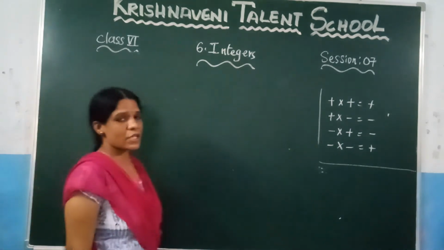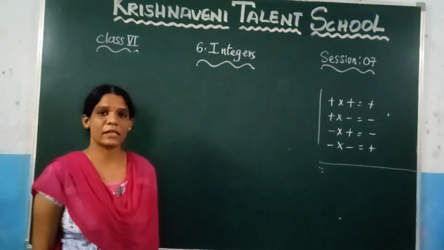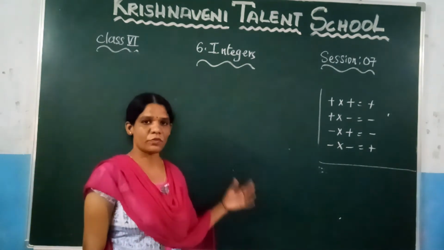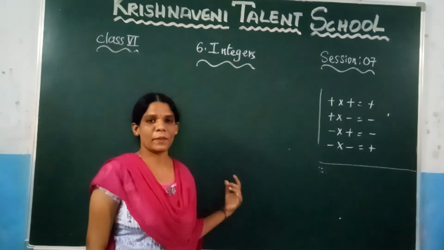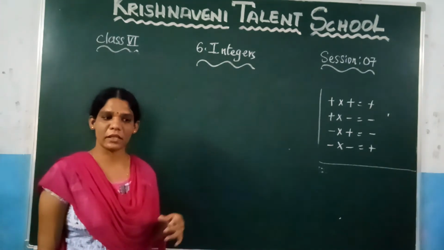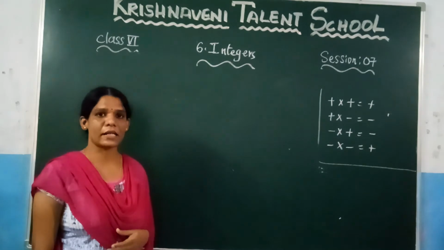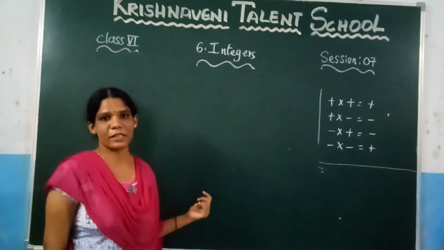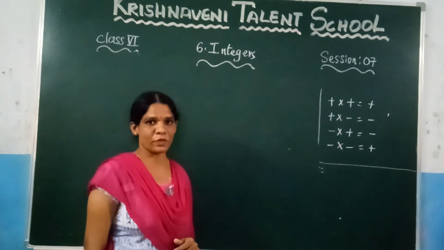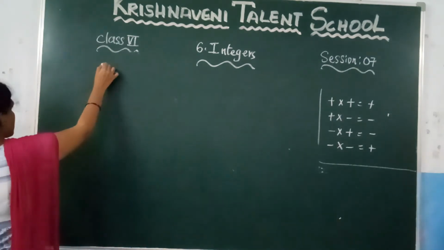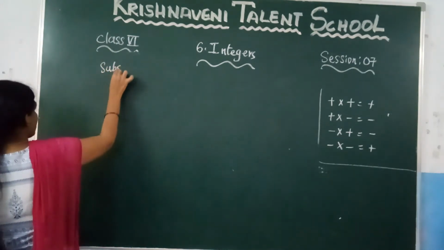Based on this subtraction of integers, we will solve the next exercise. Before, I explained the addition of integers, so that we have done many problems regarding the addition of integers. Now let us see the subtraction of integers. So the next one is subtraction of integers.